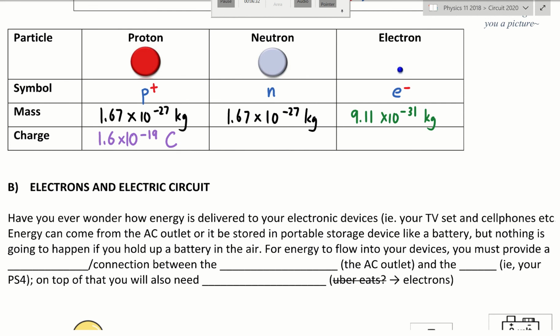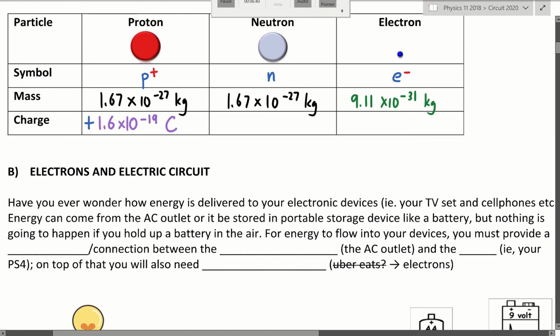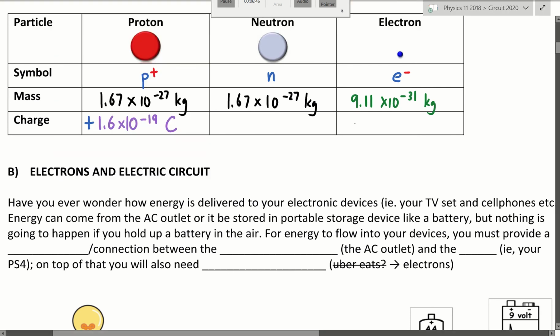So every proton has a little bit of positive charge. I should restate that: a positive 1.6 times 10 to the negative 19 coulomb. Electron has exactly the same amount of charge, except it is negative. So this charge value is called the elementary charge because it is the fundamental charge of everything that we have.